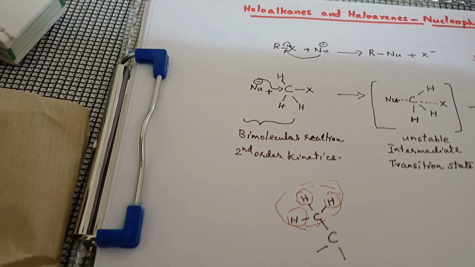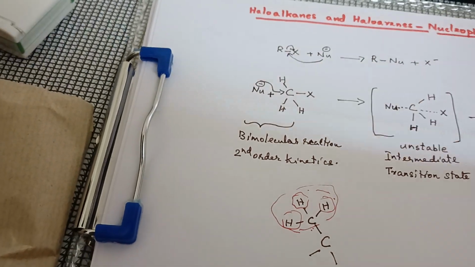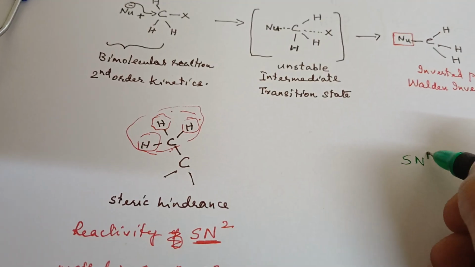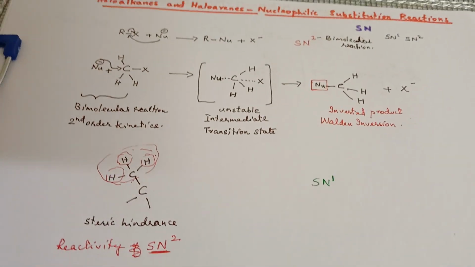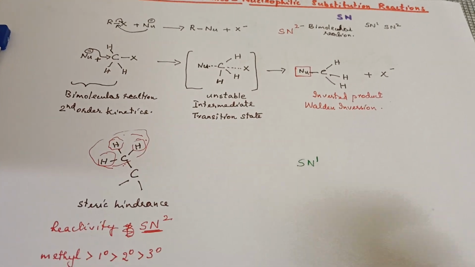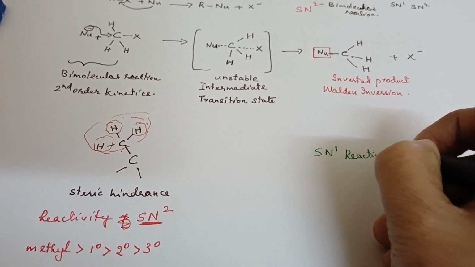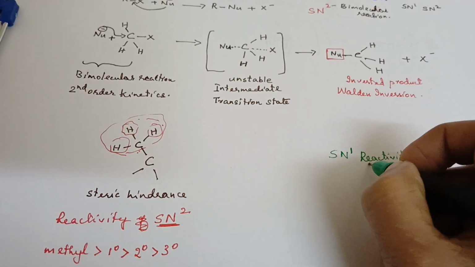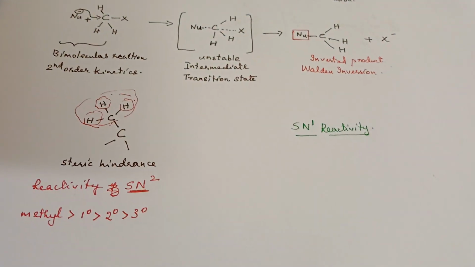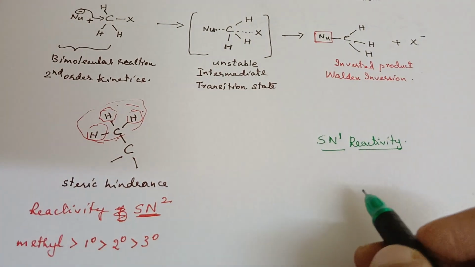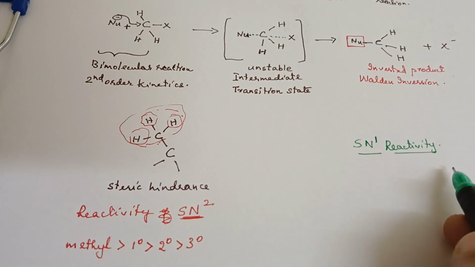Whereas in the case of SN1 reactions, you know that they happen in two steps. The first one is the formation of a carbocation. So the more stable the carbocation, the faster the SN1 reaction takes place.